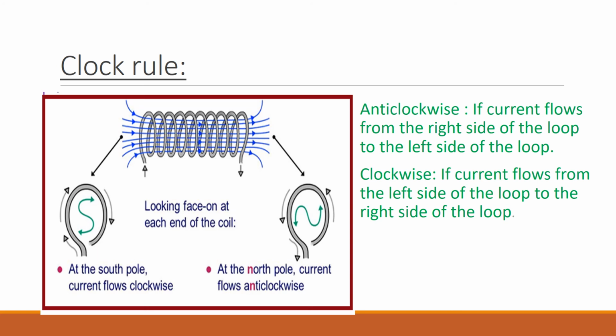But if current is flowing from left to right, then that is clockwise, and that side is the south pole. Take your time and figure this out. It is an important point to remember as we move on.